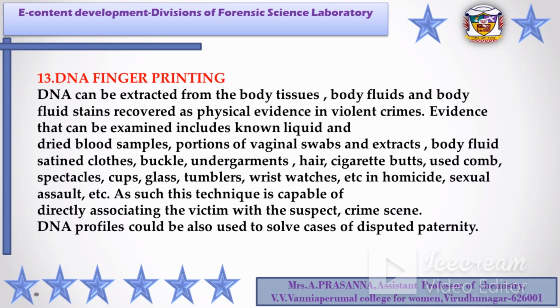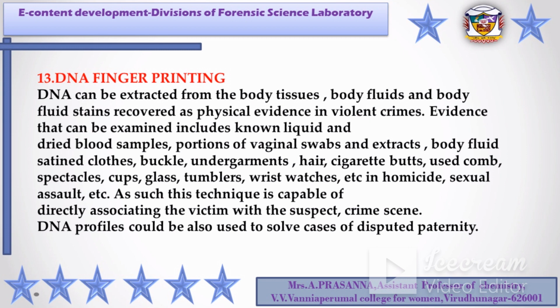The next forensic investigation division is DNA fingerprinting. DNA can be extracted from the body tissues, body fluids, and body fluid stains recovered as physical evidence in violent crimes.